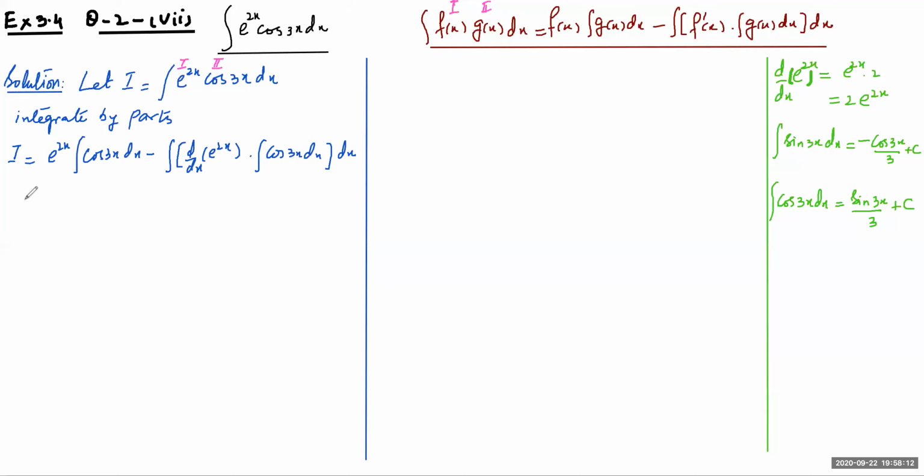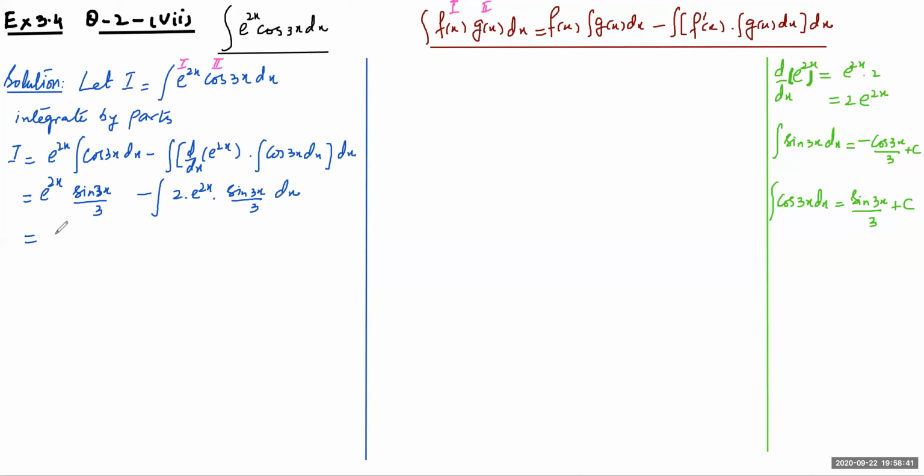Now write these results from here and you will get e to x integral cos 3x dx is sine 3x by 3 minus integral, derivative of e to x is 2e 2x, integral of cos 3x is sine 3x by 3, and then I have this dx.